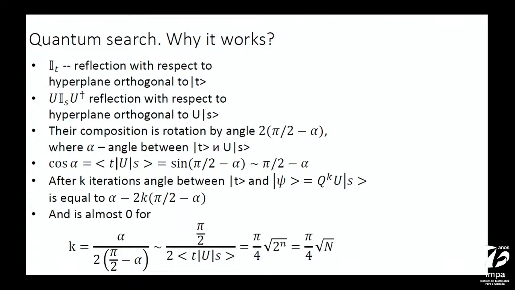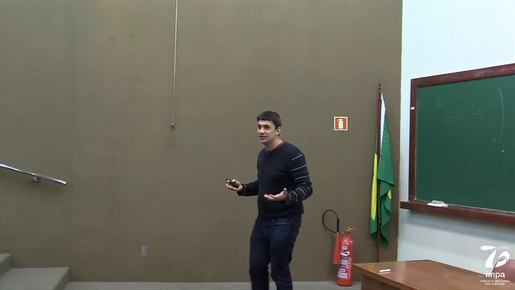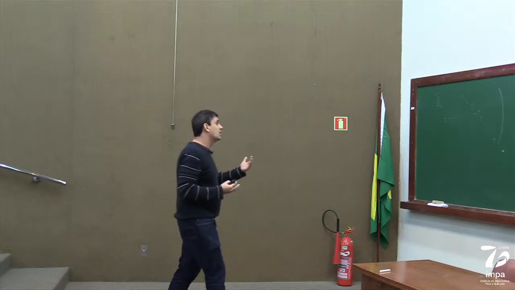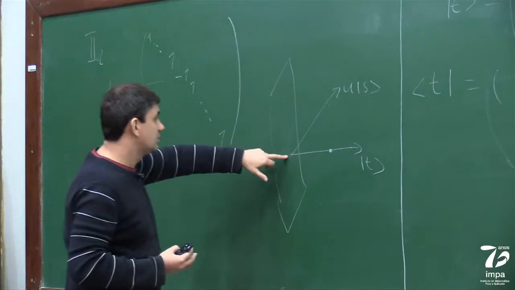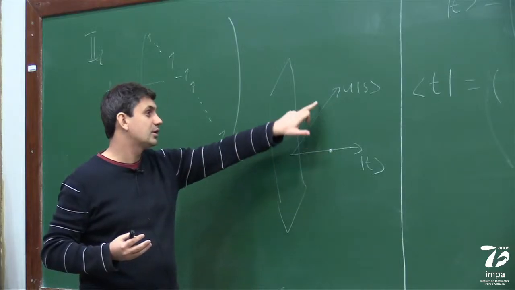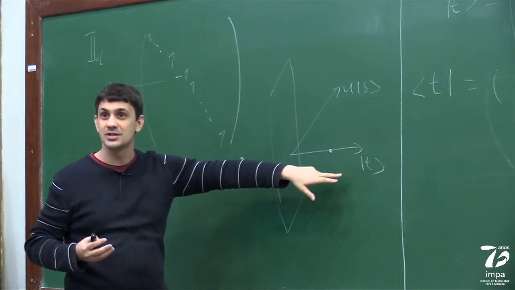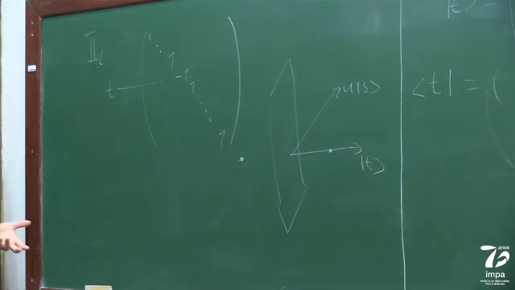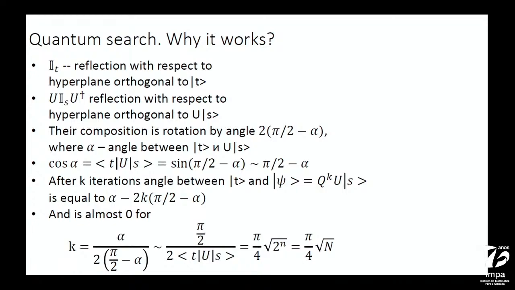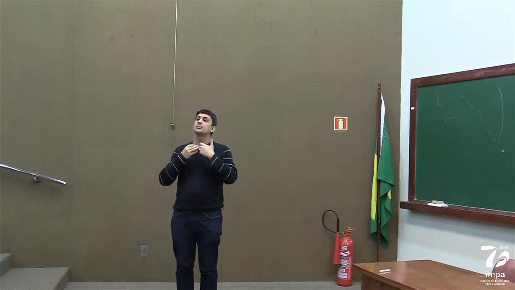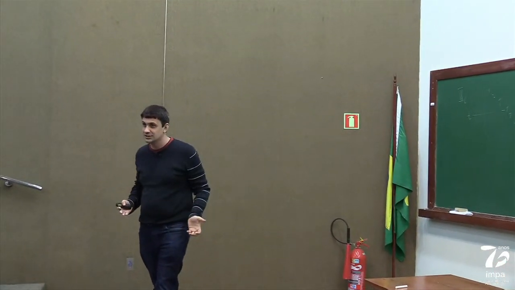And now we remember high school geometry: the composition of two reflections is a rotation. It becomes a rotation in the plane which is based on these two vectors, U of S and T. And this is a rotation by an angle given by this formula, where alpha is the angle between the original vectors. And okay, let me amend this high school business.